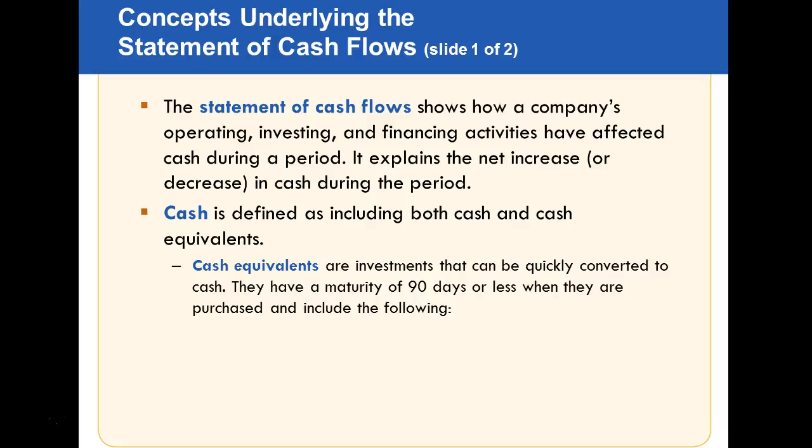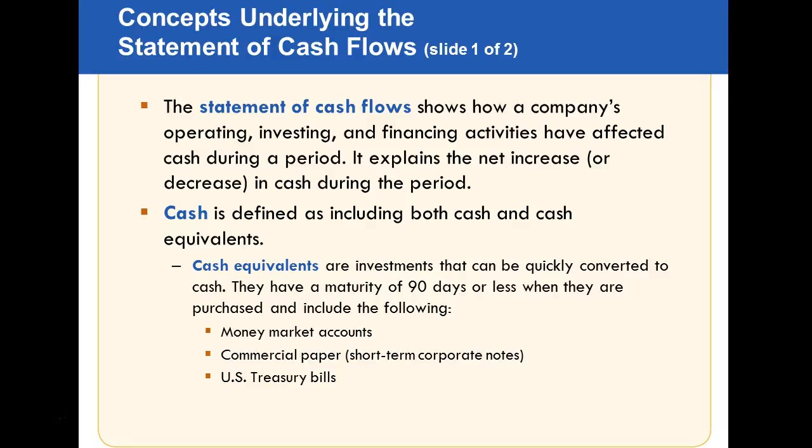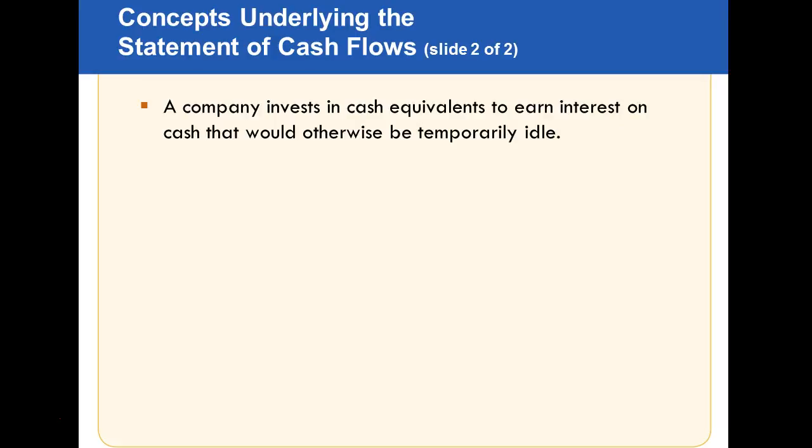Equivalents are investments that can be converted into cash within 90 days or less. These equivalents would be money market accounts, short-term corporate notes, and treasury bills. So those are items that technically are not considered cash. They're cash equivalents because the cash isn't right on hand, but it can be on hand within 90 days.